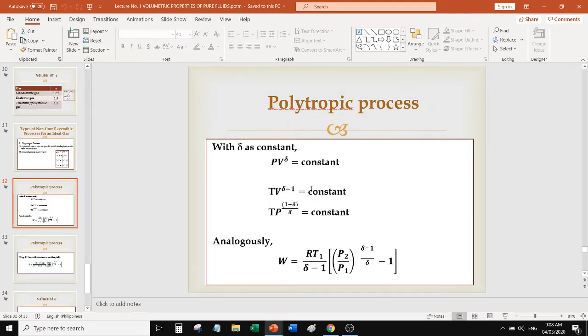And we can generalize equations for polytropic process using these equations, which is similar or in parallel with the equations of an adiabatic process, but instead of gamma, we use delta.